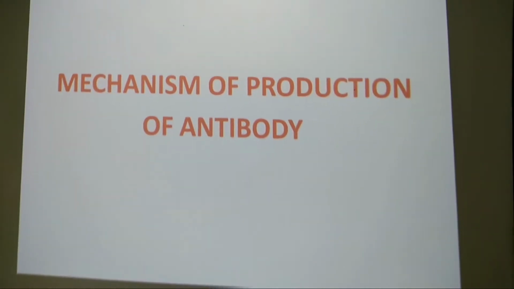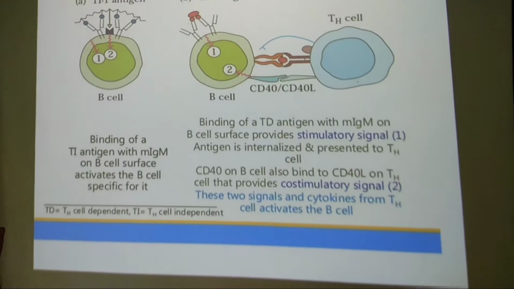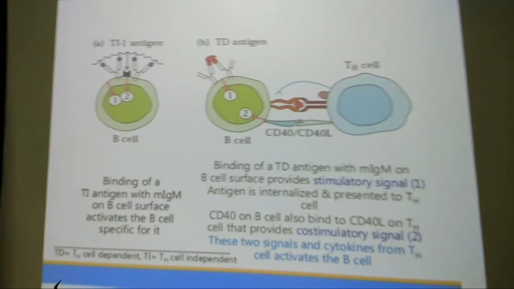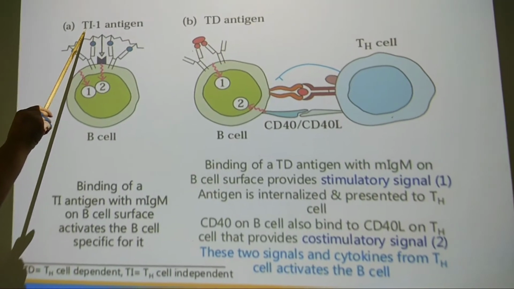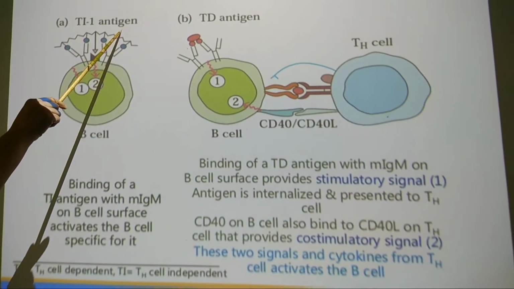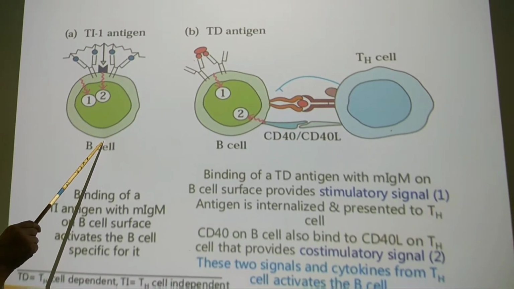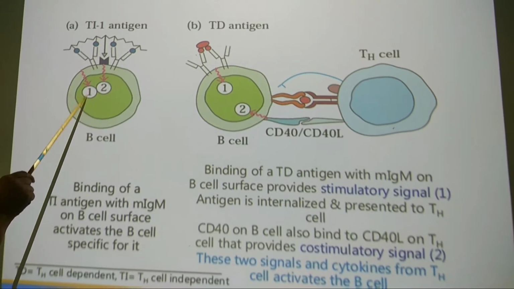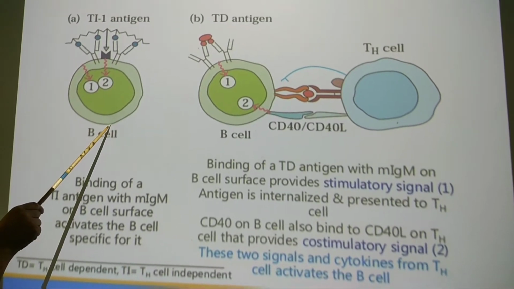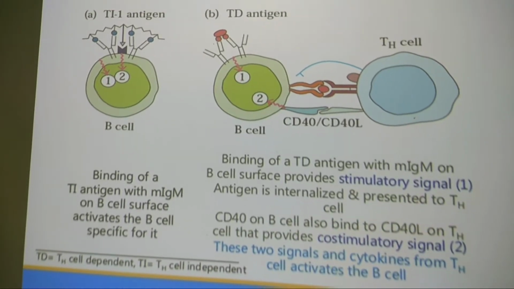So now we shall see the mechanism of production of antibody. In this diagram, the T independent antigen interacts with the B cell, generating the two basic signals that are required for the B cell to activate, proliferate and differentiate into antibody producing plasma cells.